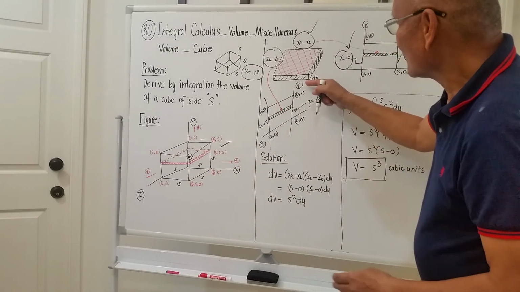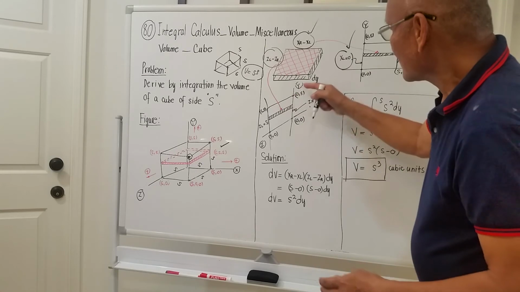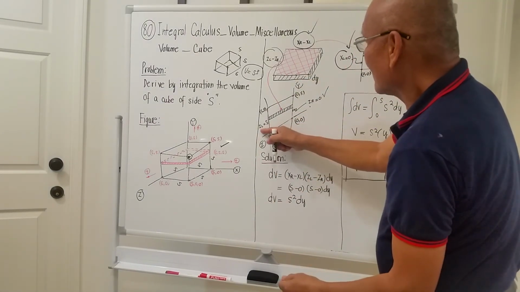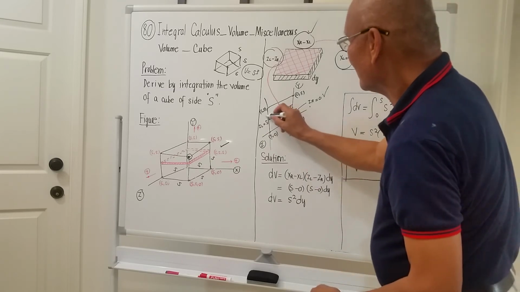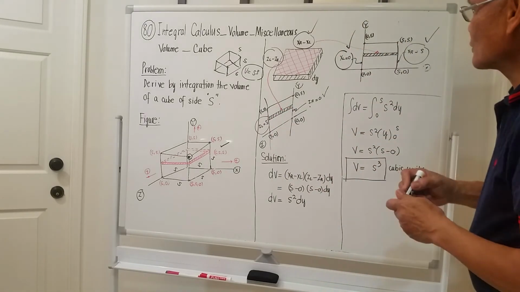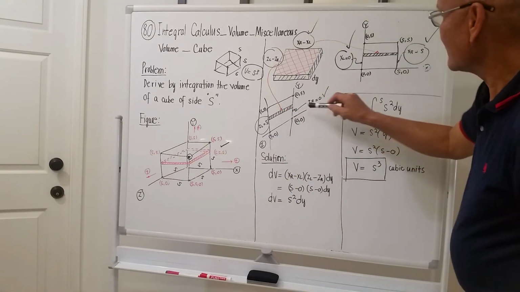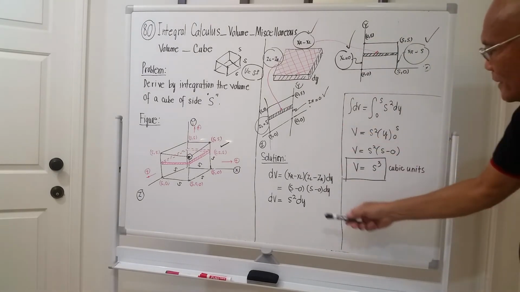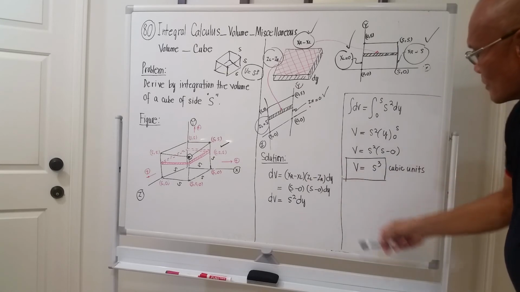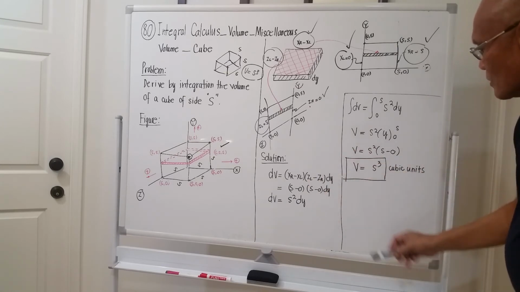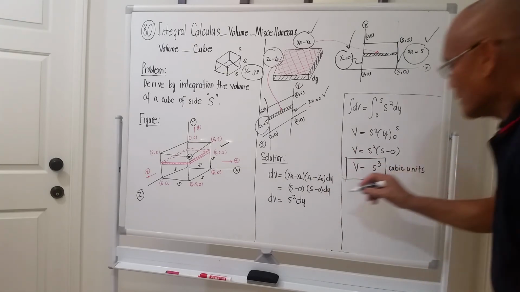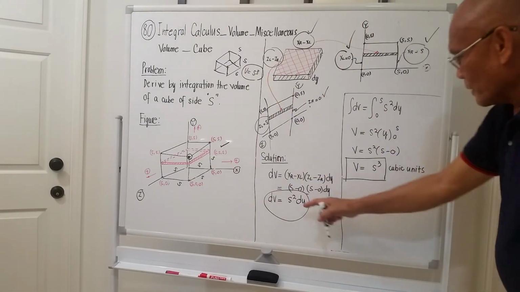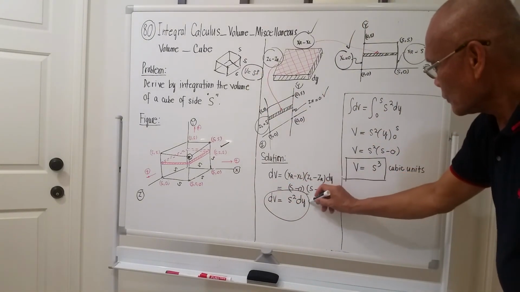It does not coincide with the y-axis. Its distance from the y-axis is actually S. So the value of ZL is actually S. If we substitute the values of ZL, ZR, XR, and XL back here, it will be the quantity S minus 0 times the quantity S minus 0 times dy. So the resulting differential equation for the volume of a cube will be S squared dy.